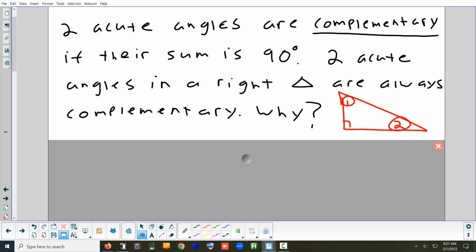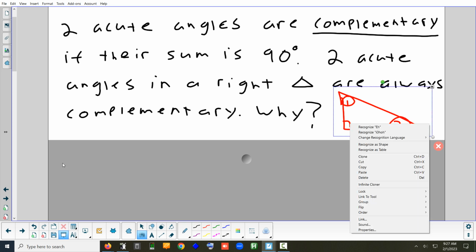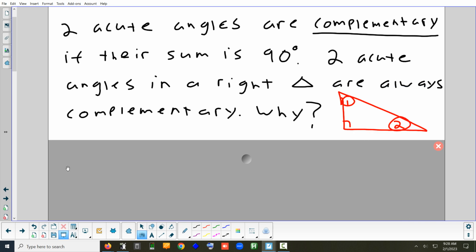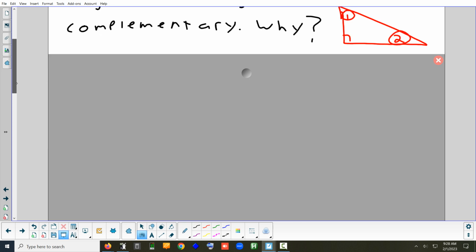Those 2 angles have to add up to 90 because the other angle that we know is 90, and that makes 180. If you take that away from the total of 180, that leaves you with 90 left for the other 2. So angles 1 and 2 have to always be complementary.